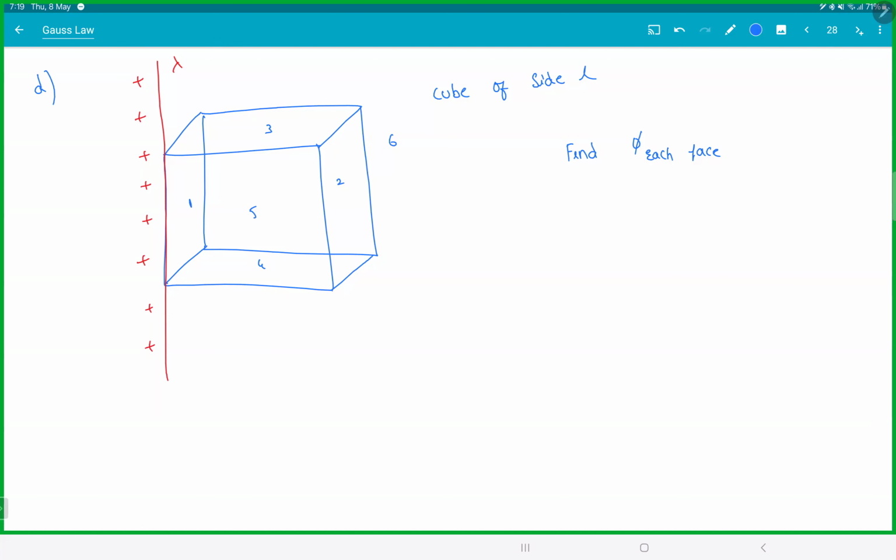If you keep it outside, it is 0. If you keep it inside, it is q by epsilon. But the moment you keep it on the boundary, I don't know what to do, right? So you need to always think, somehow, can I make this thing go inside? I need to create a shape where this becomes the center of that whole new shape. That is how you should always think. So how to make this the center of that new shape? And the shape should look symmetrical again. So for a corner, the center was when you have 7 more cubes, right? And for this one, what will you do?